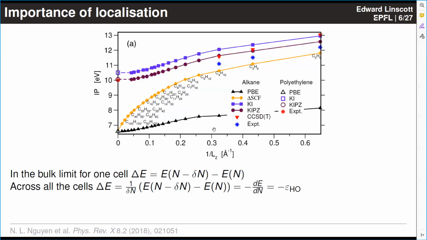Can the Koopmans strategy be used for solids with non-collinear magnetism? There's the collinear case, and Angelo and Nicola have an implementation for spin-orbit coupling, which is valid in DFT.